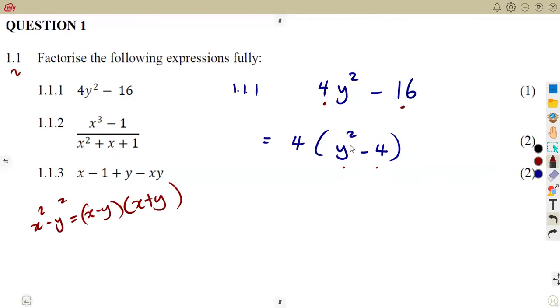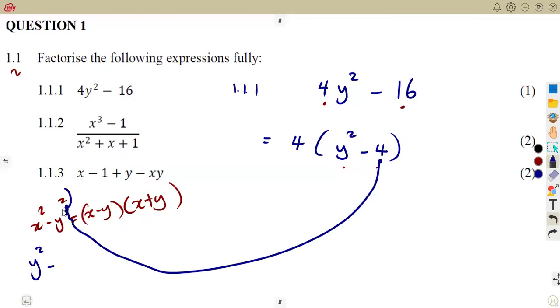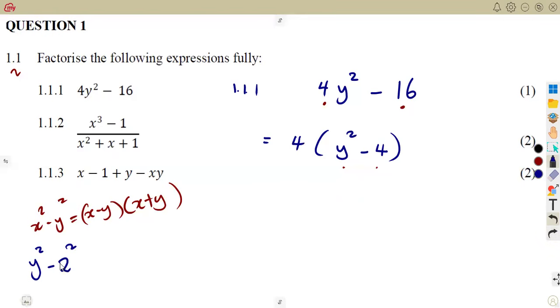So as we consider this y squared that we are given minus 4, it is the same as y squared minus the 4 that we are seeing as a number raised to the exponent of 2. It can be written as 2 squared. So this is a perfect square. These two terms are being raised to the exponent of 2, the y that we are seeing, and these two. So we can factorize, as we do understand, guys, the difference of 2 squares.